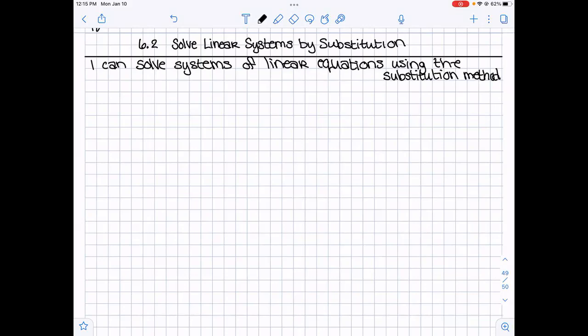So first we need to know what the substitution method is. Okay, what does it mean to substitute something? Take something out and replace it with another thing. Usually we have a letter and we're replacing it with a number, right? Today, we're substituting one expression into another.